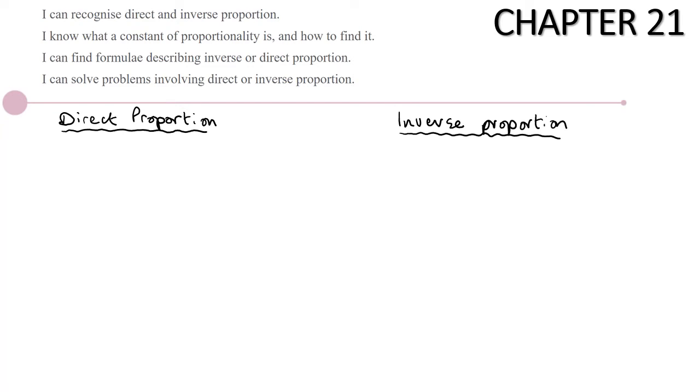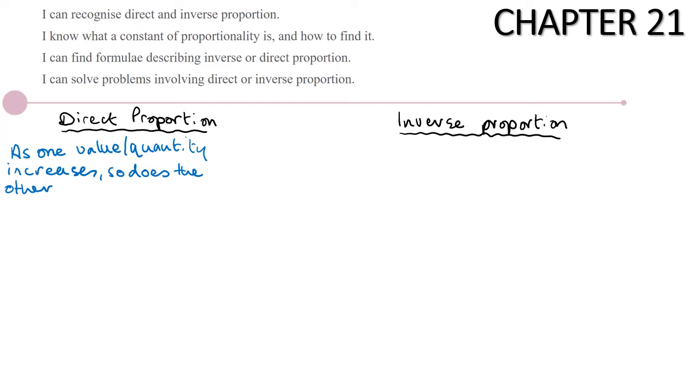So let's look at the main features of these two types of proportion before we get into some problems. The first thing is that with direct proportion, as one value or quantity increases, so does the other.